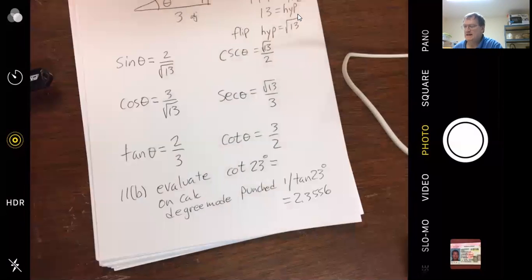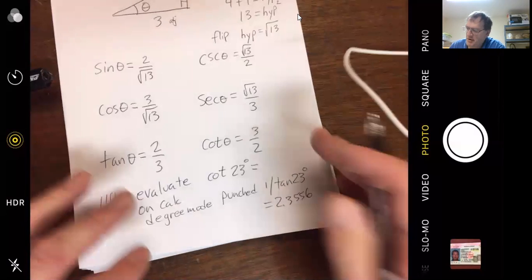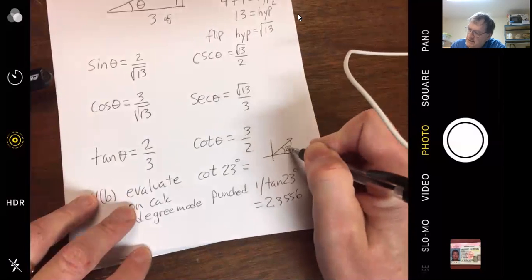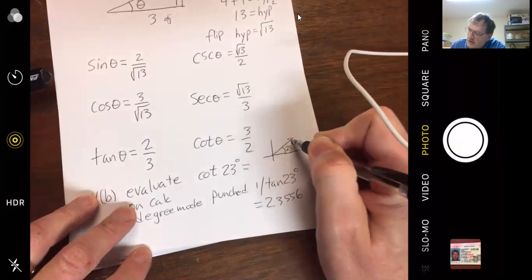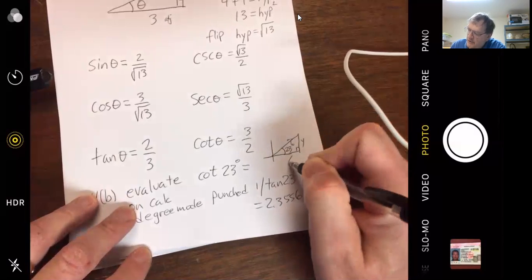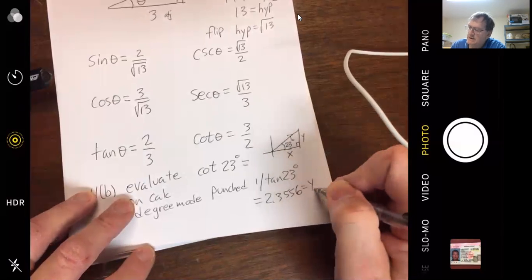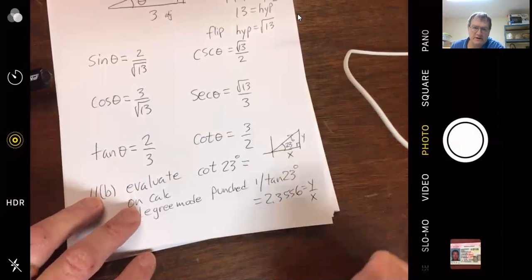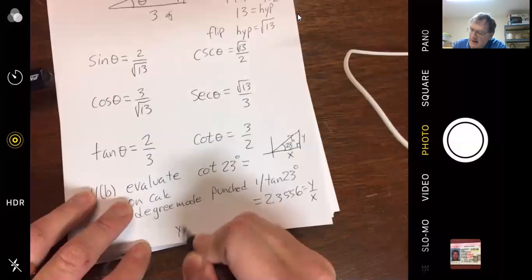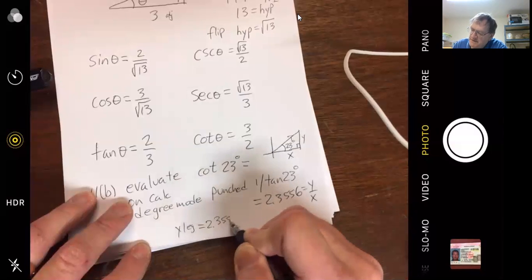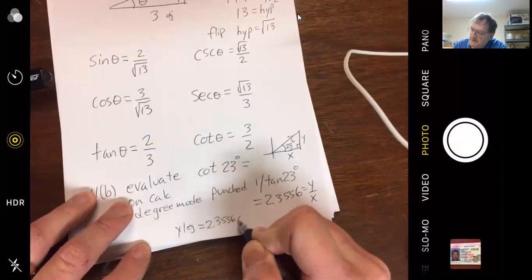What does that mean? It's not just some random number. It means at 23 degrees, your y over your x is equal to the ratio of the y leg to the x leg at 23 degrees. It means your y leg is 2.3556 times your x leg.